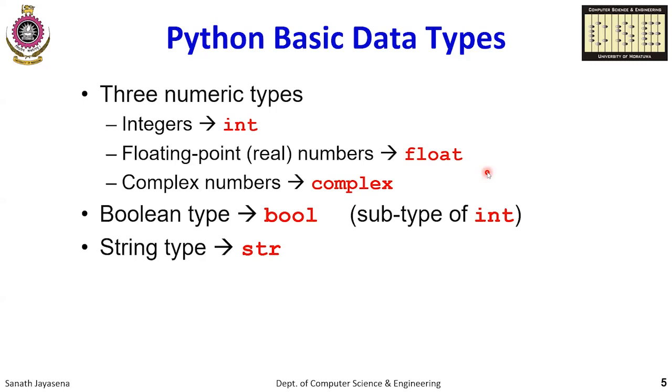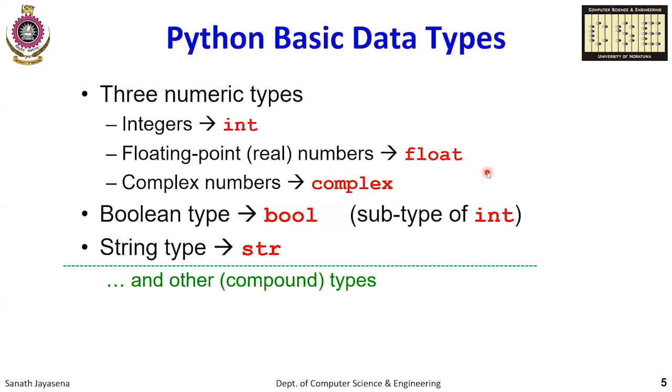We will also cover some other data types, which we can call compound or composite data types, supported by Python. We will discuss them later on. For example, there are lists, tuples, dictionaries, sets, and so forth. There are several. We will use lists quite a lot later on. And of course, you can use tuples and dictionaries also.